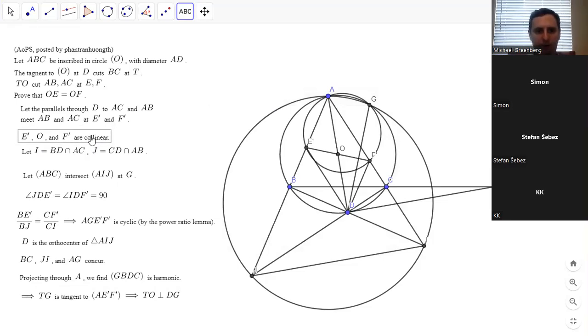And so if we can show that E prime F prime is perpendicular to DG, that would solve it. So could we show angle GAE prime plus AE prime F prime is 180?